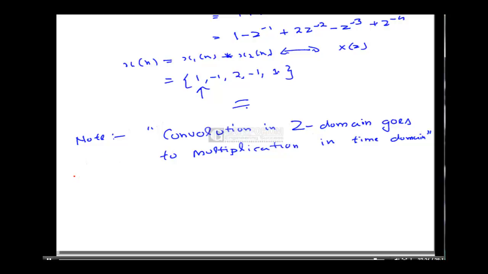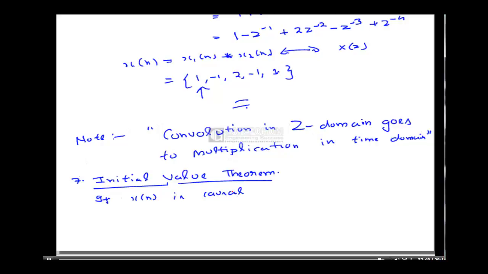Initial value theorem says that if x of n is causal, then x of 0 is equal to limit z tending to infinity X of z. This will also help in solving the various problems.